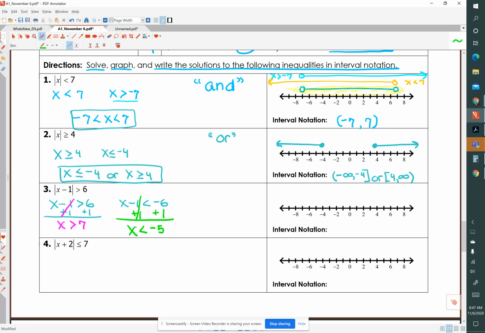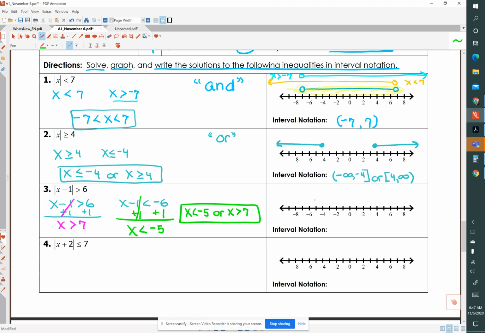So let's rewrite this. Let's start with our smallest value first. x is less than -5, or x is greater than 7. All right, we're going to have separate graphs here.